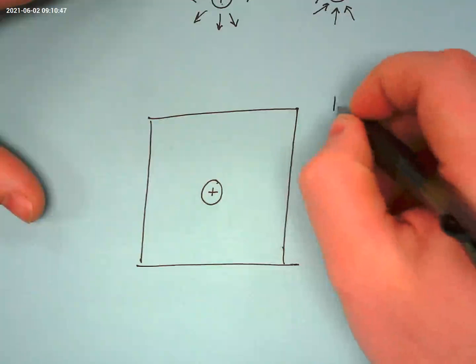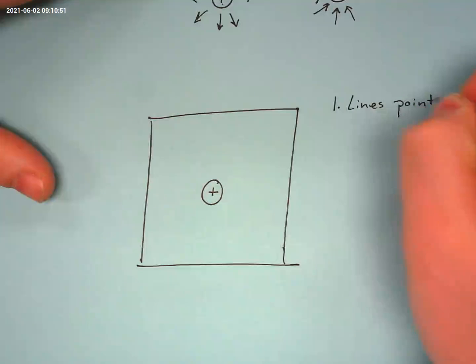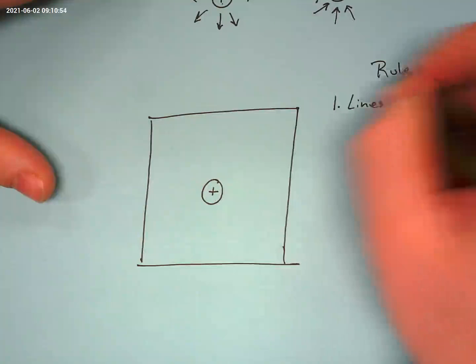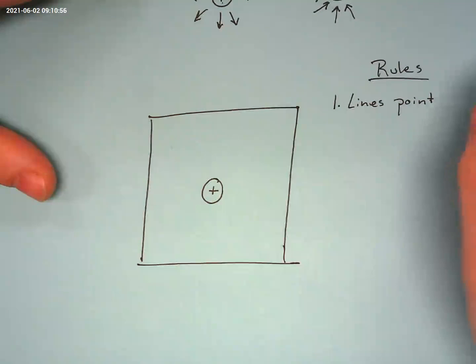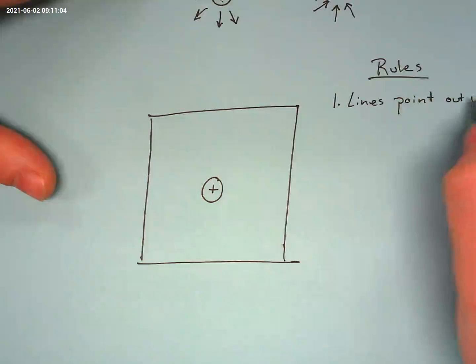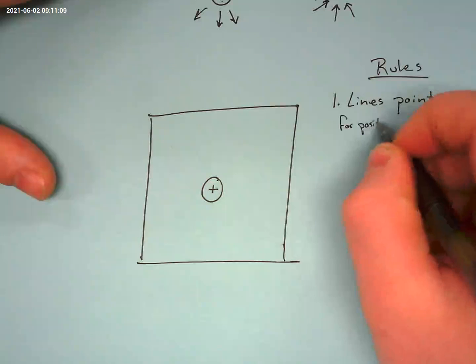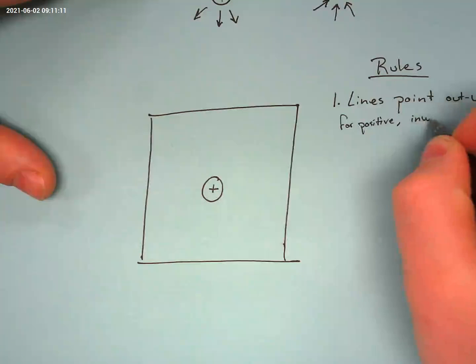One of those rules is that the lines point outwards for positive, inwards for negative.